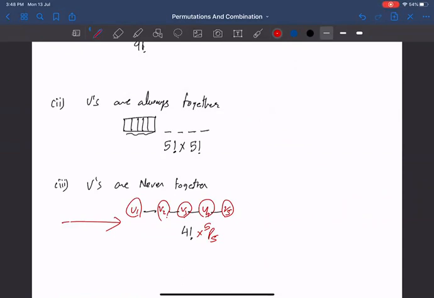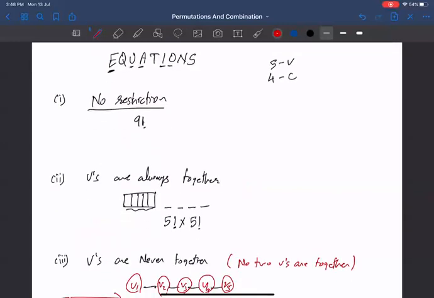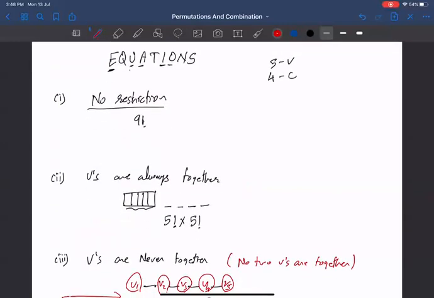Okay. What's the difference between vowels are all together, are never together, and all vowels are never together? Okay. Vowels are never together is a very strong statement. Means no 2 vowels are together. No 2 vowels are together. मतलब E और U साथ में नहीं चलेगा.